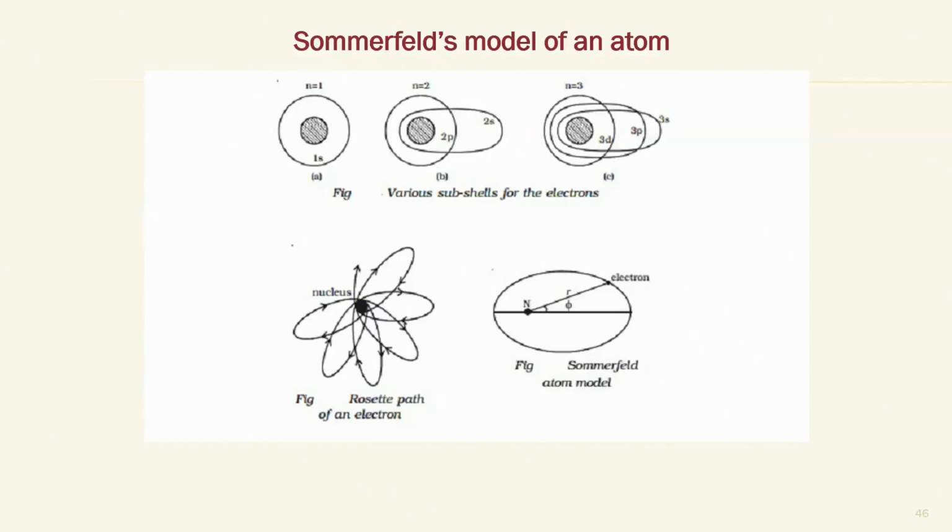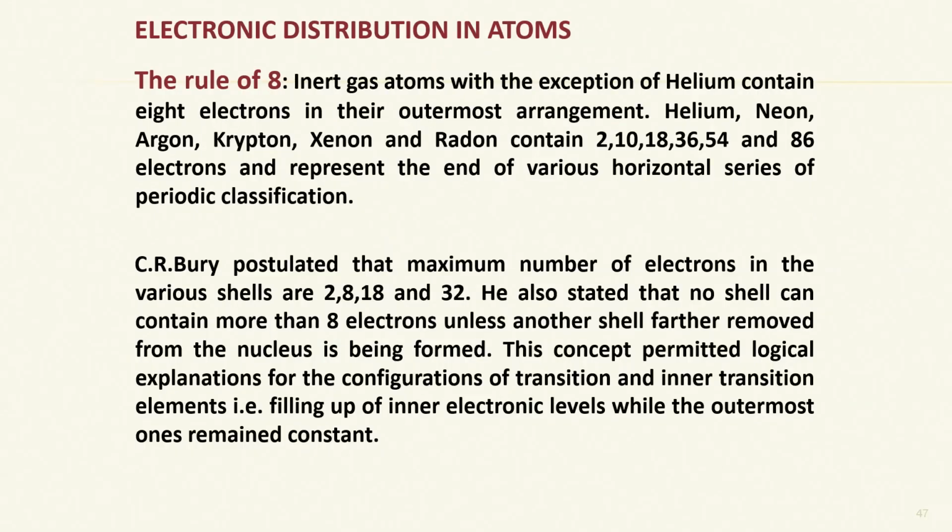Okay. So, now we come to the topic of electronic distribution in the atoms. So, we know that there are a number of electrons as we go up the periodic table.